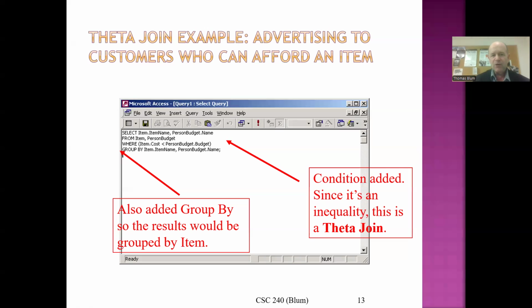I'm saying I want to group by the item name and then the person. So I'm going to have the lawn chair and all the people who can afford it, then the Hawaiian vacation and the people who can afford that, and the mansion and the people. I'm organizing it by item because I want to send out advertisements based on my items, so I know what group of people to send each advertisement to.